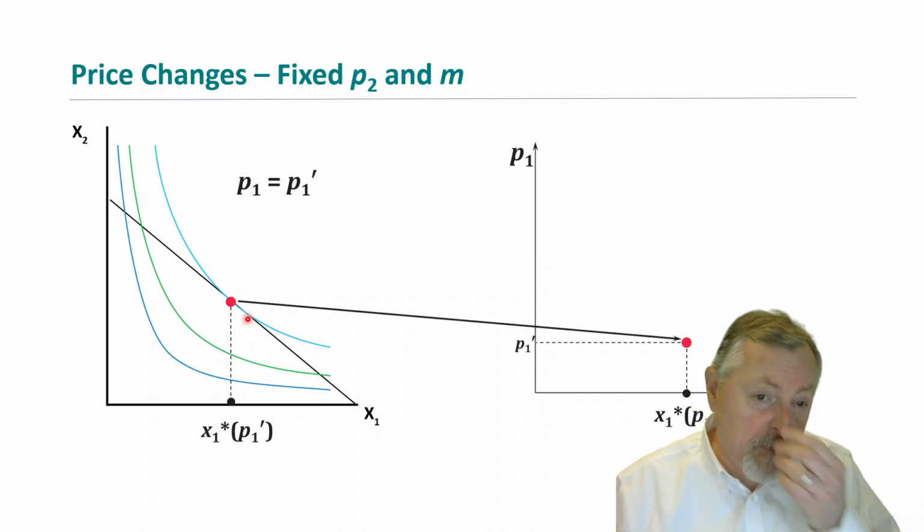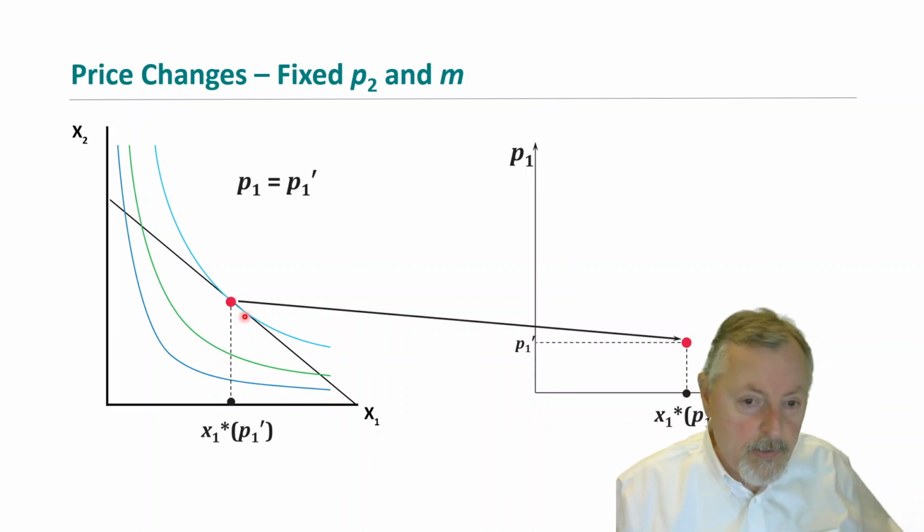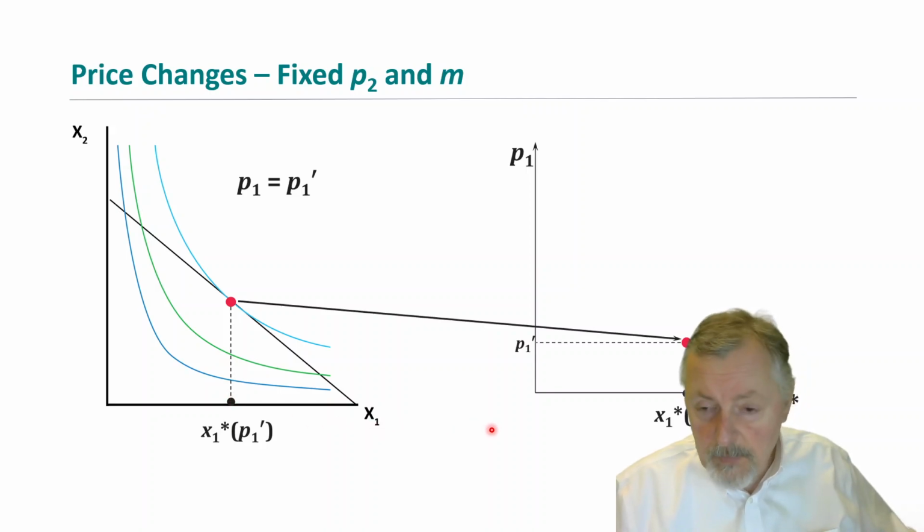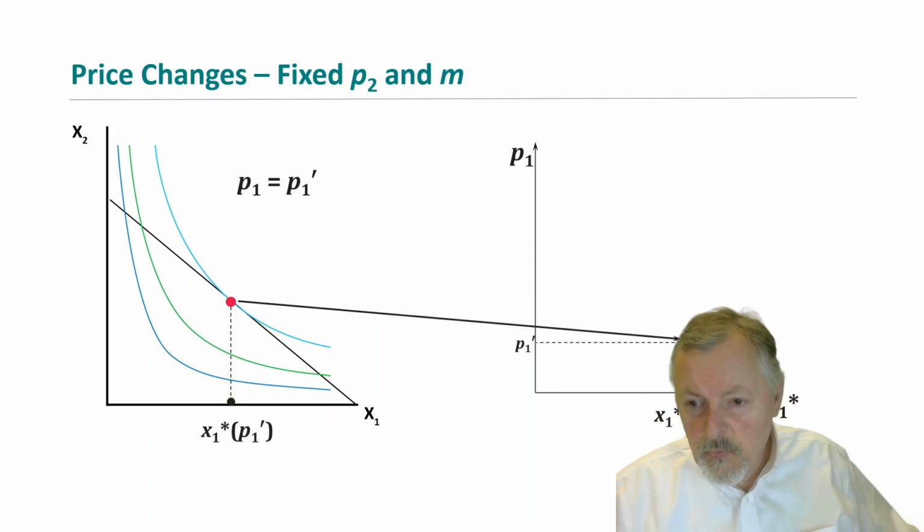At this first price of commodity 1, P1 prime, we know a person will consume X1 star of this thing. So we can plot that, X1 star and the price P1 prime. So we get that red point.